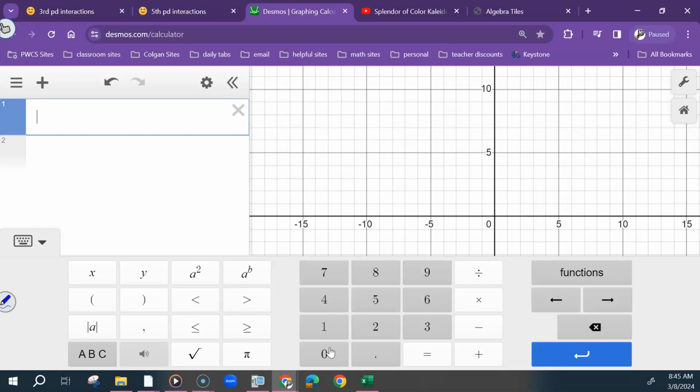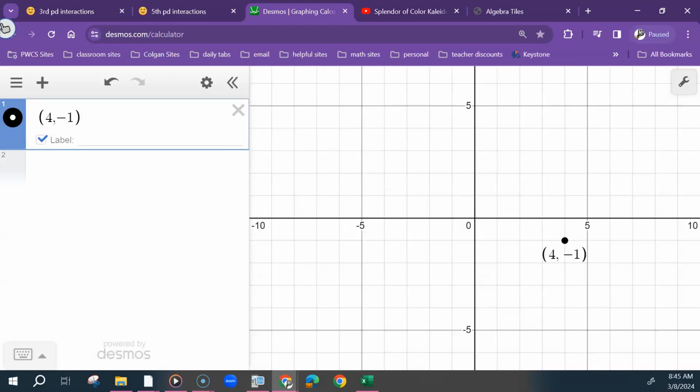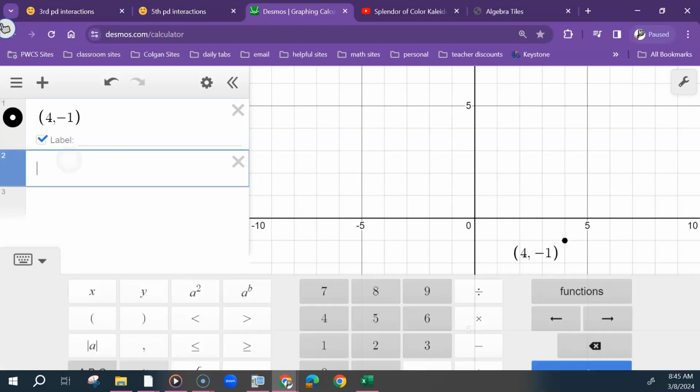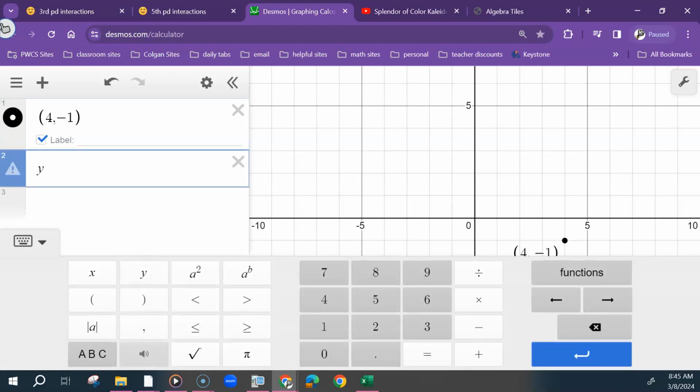So if I plotted the point 4, -1, and I need the equation, I'm going to type in my y equals mx plus b.